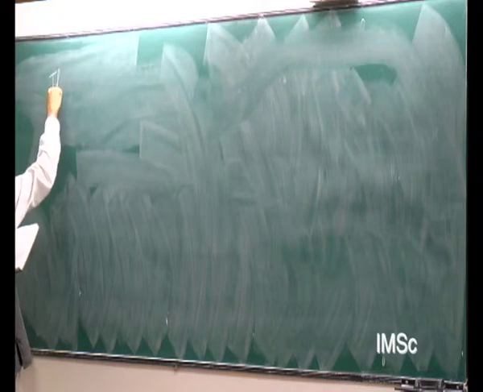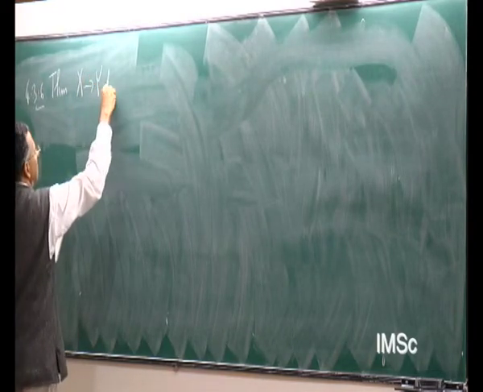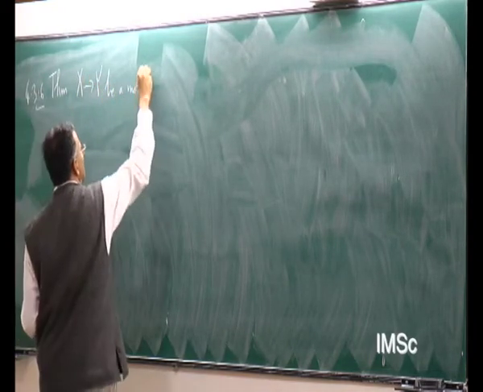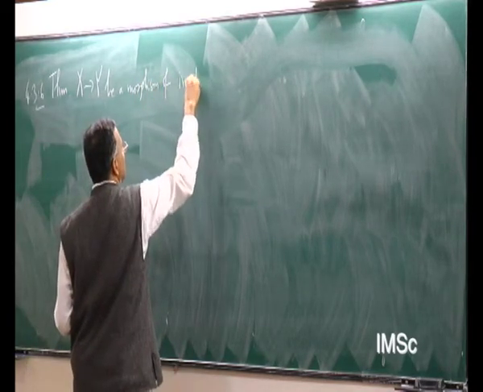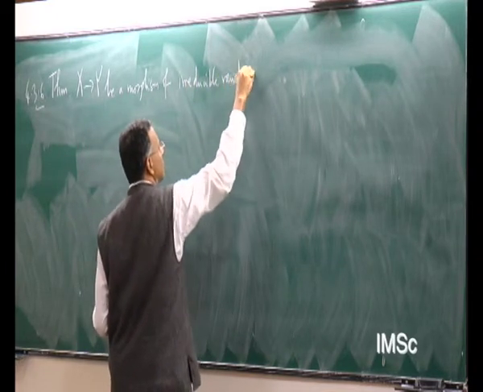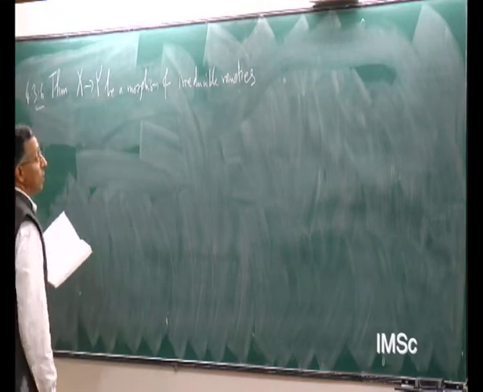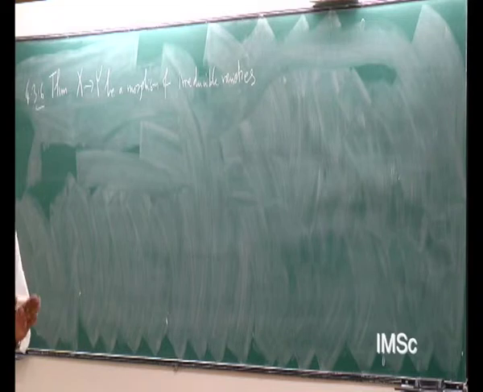Theorem 4.3.6. Let phi from X to Y be a morphism of irreducible varieties. Again, it is easy to reduce to the case of affine, but it's important to note that you can just remove that from the condition.